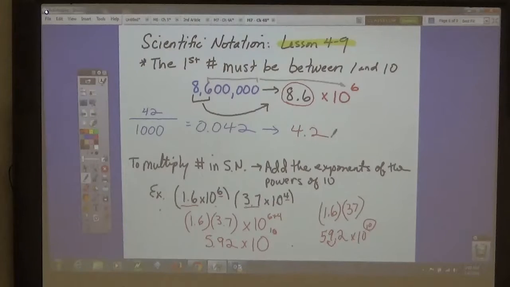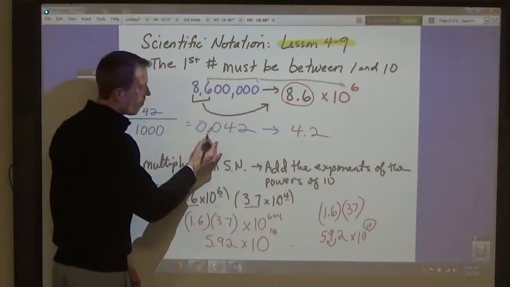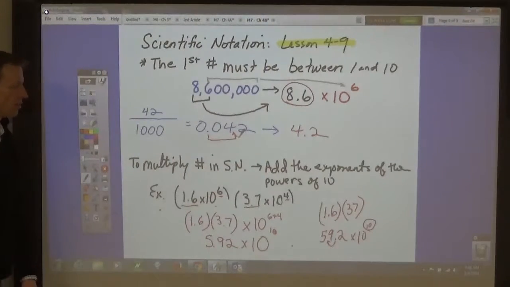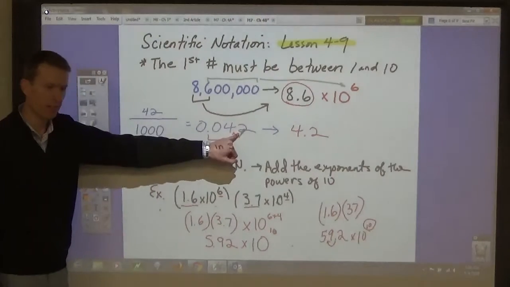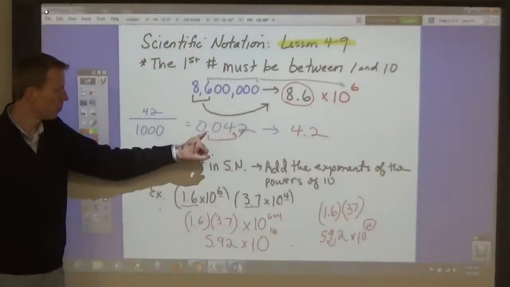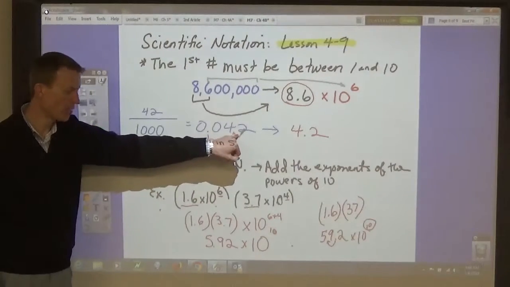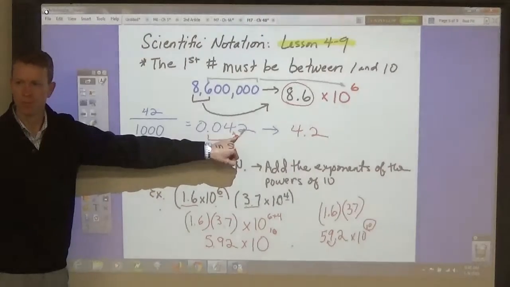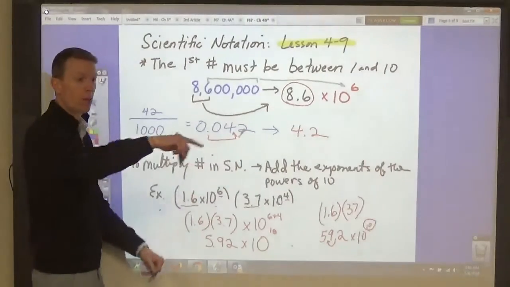Okay? Now, you have to count the places that you'd have to move the decimal point to that spot. How many places would you move the decimal point to get it to that spot? 2 places to the right.